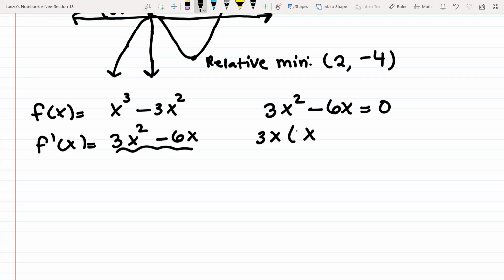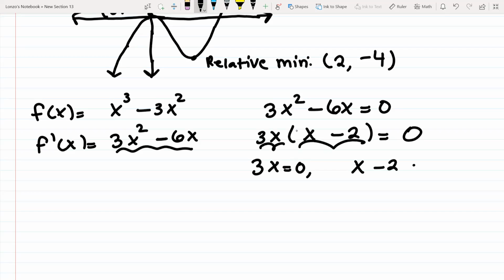So this would be 3x times x minus 2 equals 0. If you set each factor to 0, divide this by 3, I get x equals 0. And then over here, you add 2, I get x equals 2. So these are your critical points.